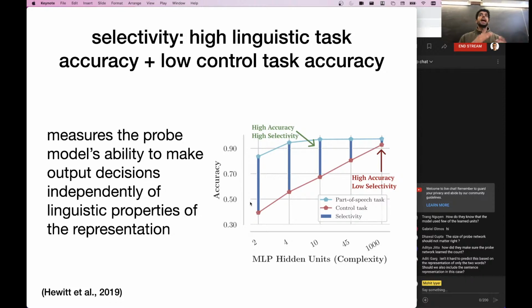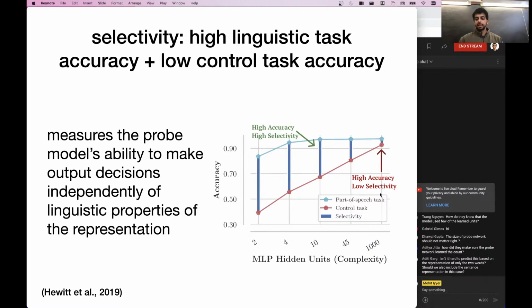The idea is that as you increase the complexity of your probe network, by adding more and more layers, or more and more hidden units in this plot, so just making the probe network bigger, you see that the performance on the control task also increases, to the point where if you have 1,000 units, 1,000 parameters in your probe network, the control task performance and the part of speech tagging performance are both almost above 90%.